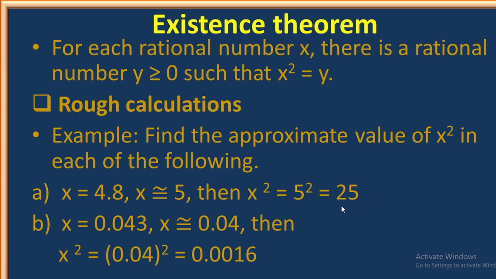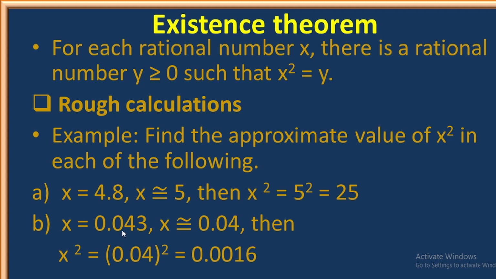And b, if x is 0.043. In this case, after we multiply, the number of digits after the decimal point should be 6, because 1, 2, 3 have to be multiplied twice, so it becomes 6. In this case, it is bulky, time taking as well as space occupying.